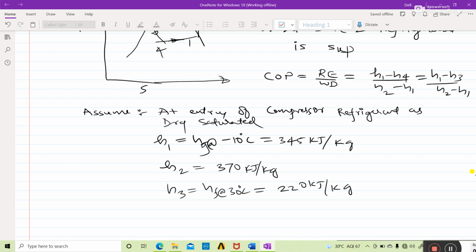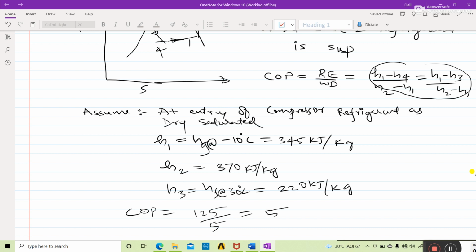Therefore COP is H1 minus H3 divided by H2 minus H1. We get 125 divided by 25, which gives COP equal to 5.